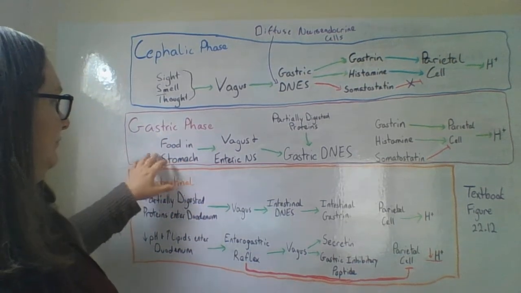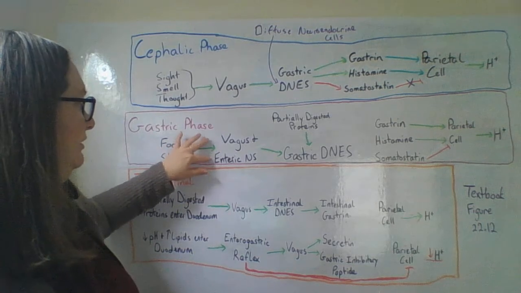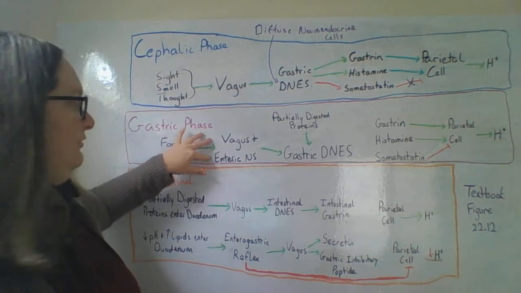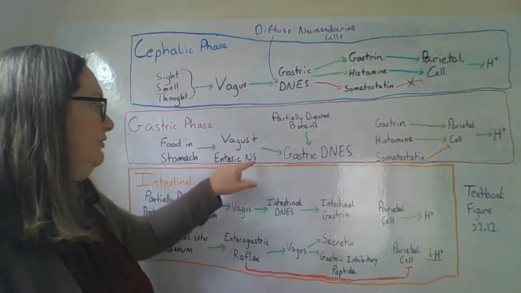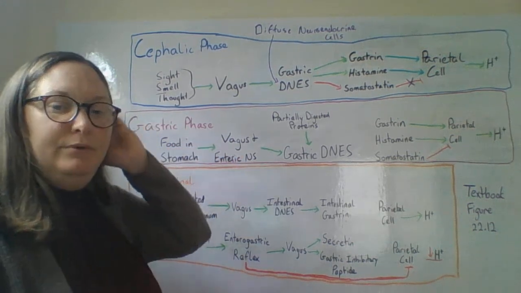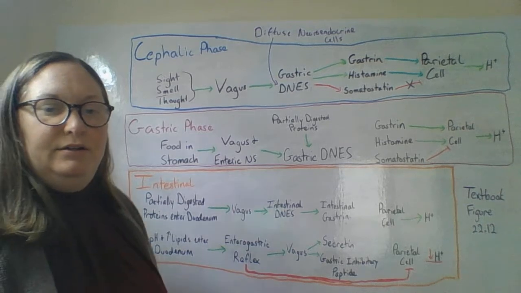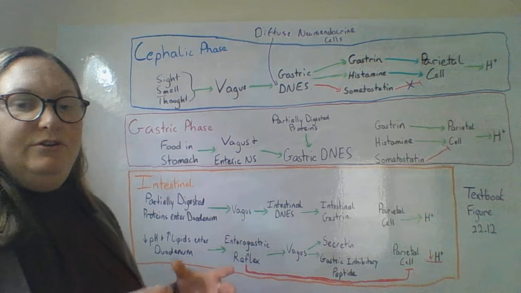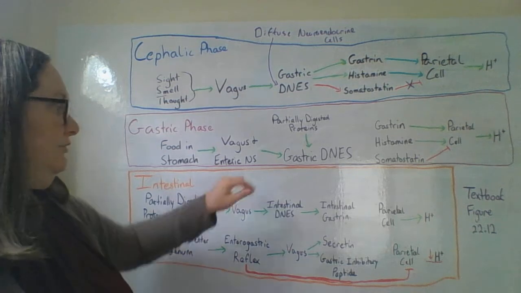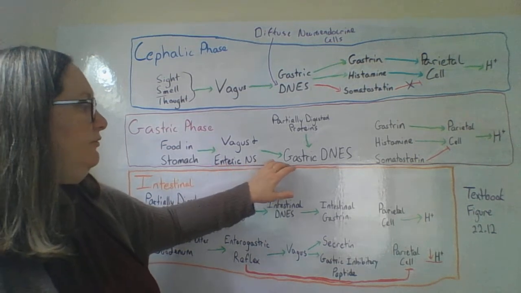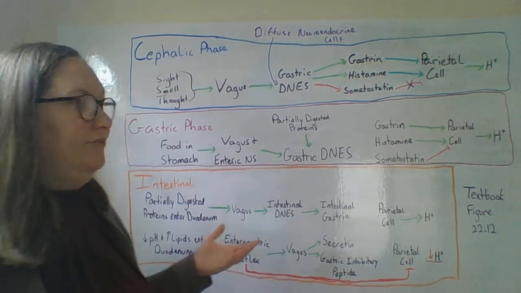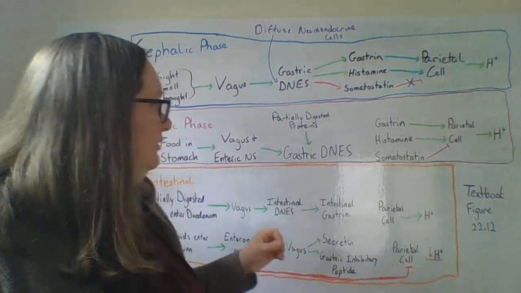So food in the stomach activates your vagus and your enteric nervous system. Remember that some call it the gut brain, the nerves within the nervous system, and those activate the gastric diffuse neuroendocrine cells. But look at this.